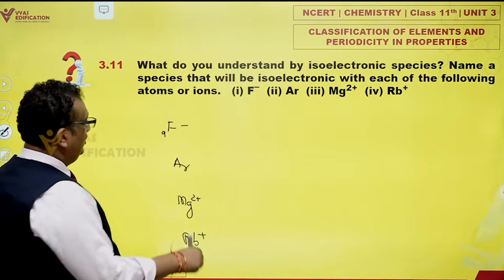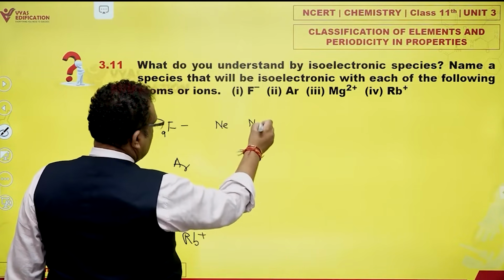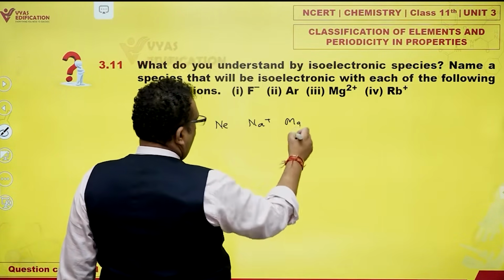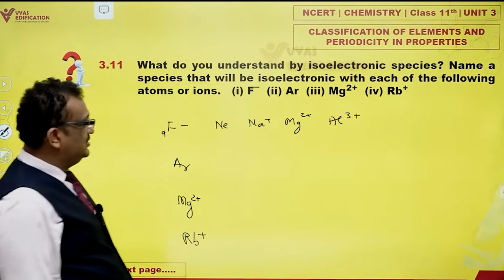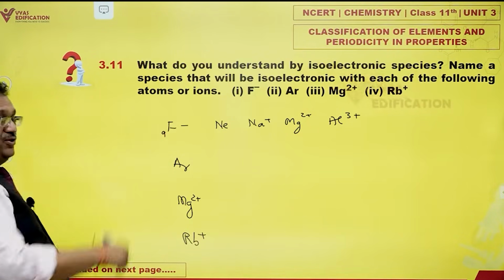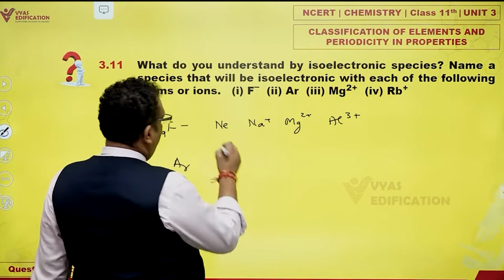Well, neon or sodium or magnesium or aluminium ions. All of these would have 10 electrons and all of these are isoelectronic with F minus.